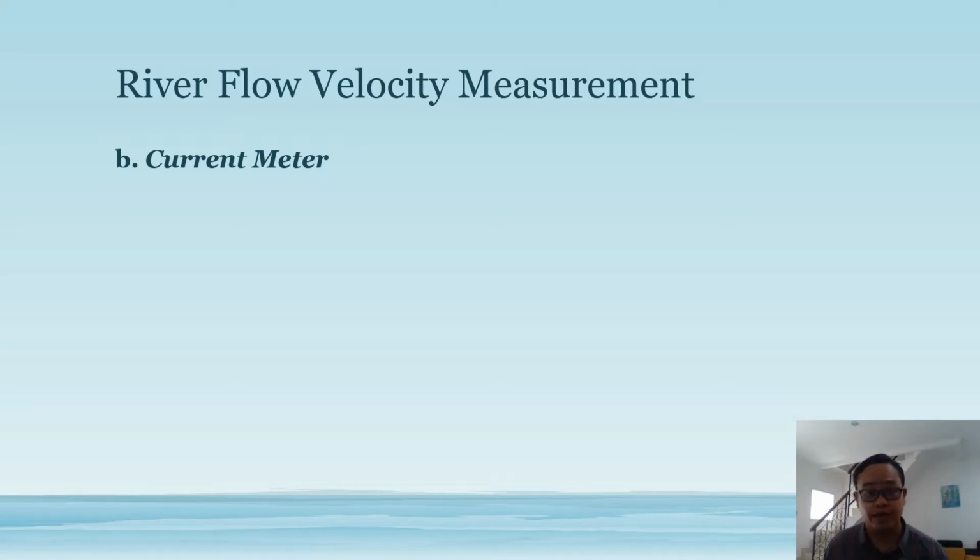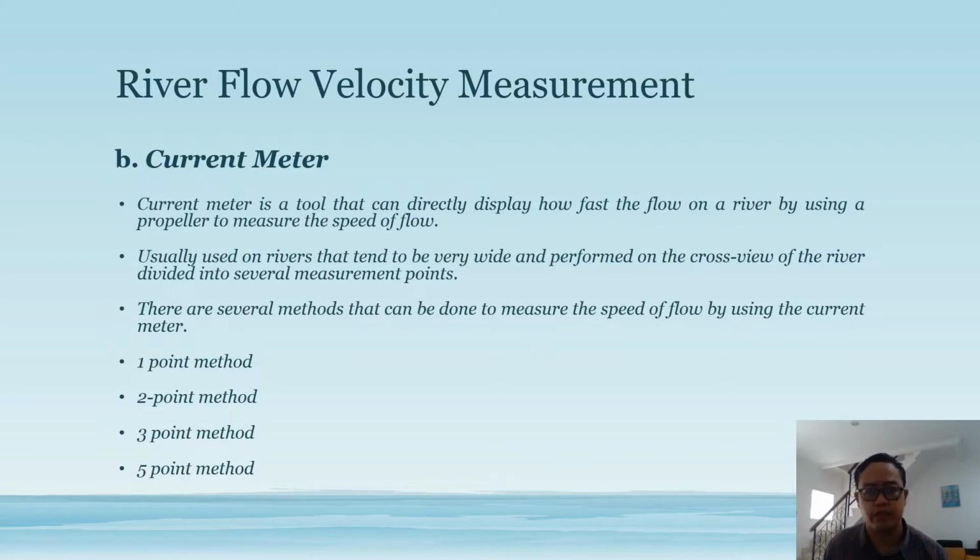Okay, the second one is the current meter. So this current meter has better efficiency than using buoys. However, current meter measurement requires us to enter the river area to measure the discharge from within the river. Current meter is a tool that can directly display how fast the velocity of the flow of the river is, by using a propeller to measure the velocity of the flow.